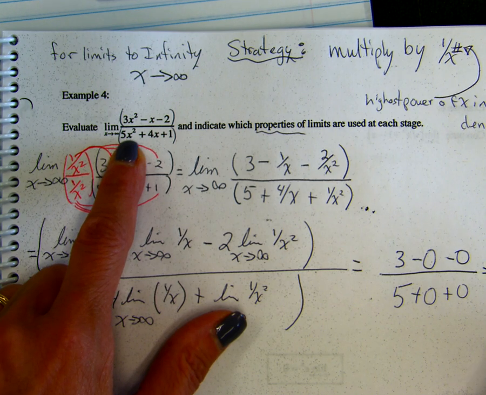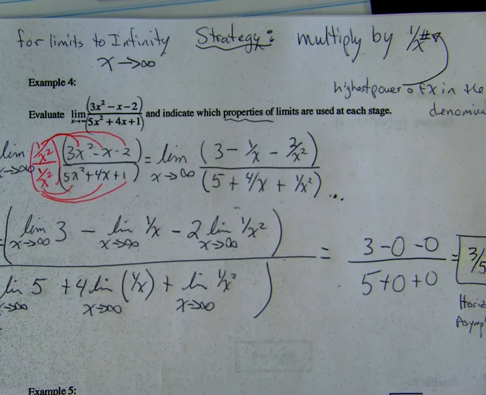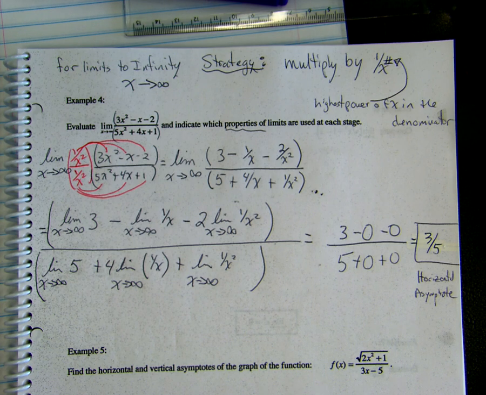What does that mean? That is, the limit at infinity is 3 over 5. This corresponds to that. Sorry. Yeah, question here.